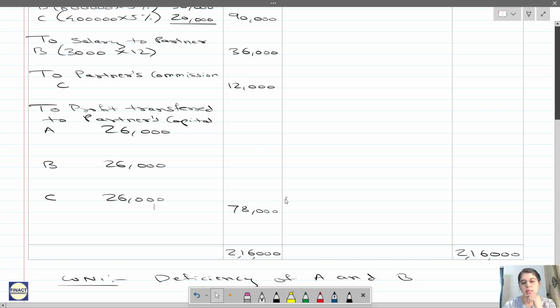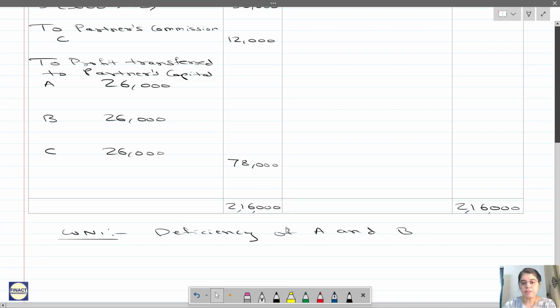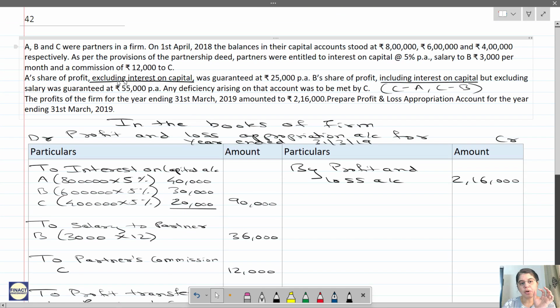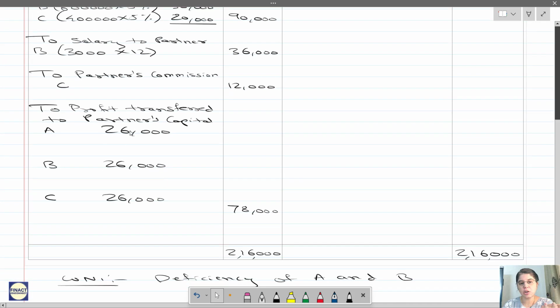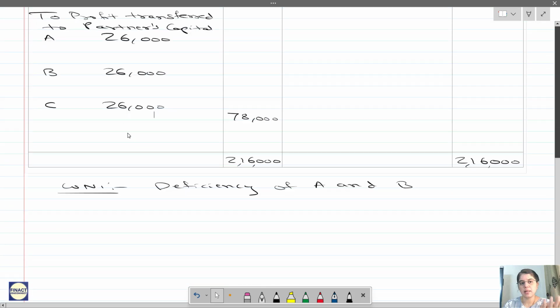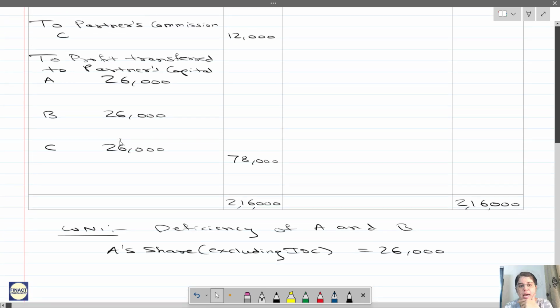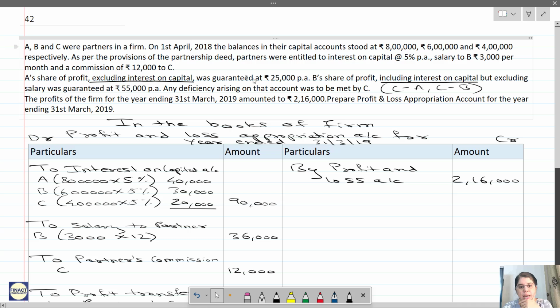Okay. Now, deficiency of A and B. So now see here, A's share of profit excluding interest on capital. We have calculated how much that is, correct? So A's share excluding interest on capital is 26,000. How much is guaranteed?